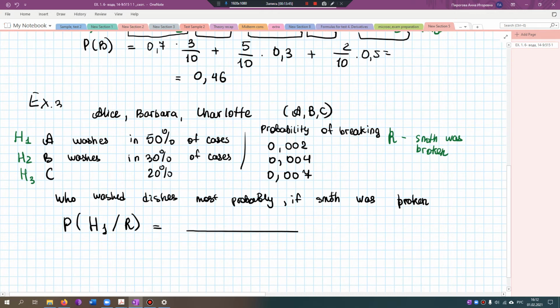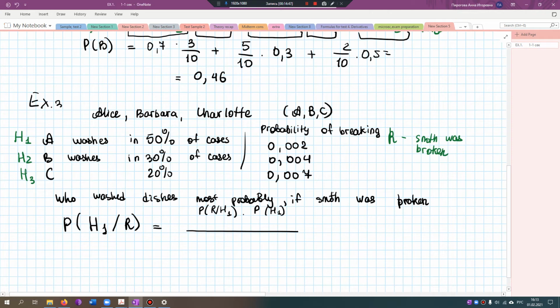And to find this probability, we will need to multiply the probability of breaking something, let it be R, under the condition of H1, and multiplied by the probability of H1.